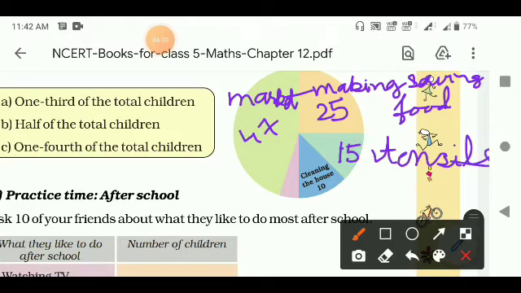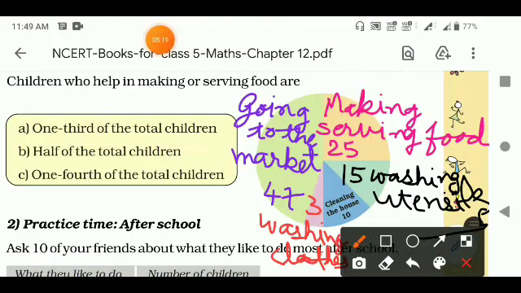And this part is already given, cleaning the house. And now the smallest part is for washing clothes. There are only 3. Washing clothes. So in this way, we have filled the chapati chart to show the numbers given in the table, and this is called a pie chart.